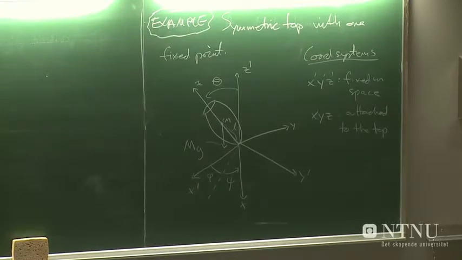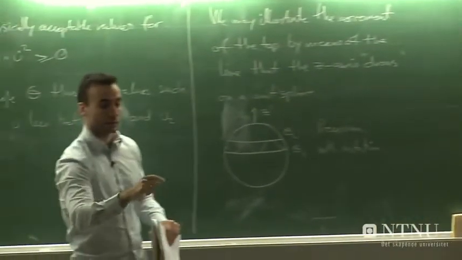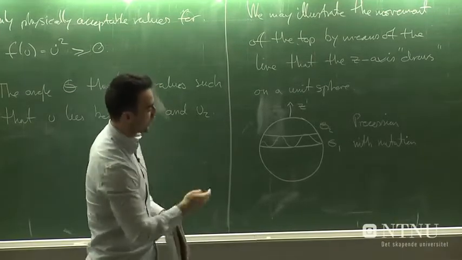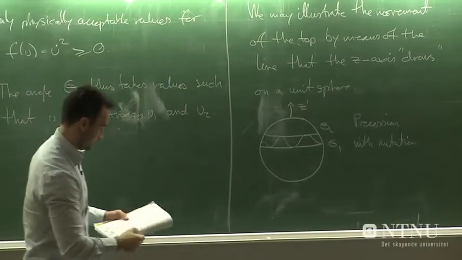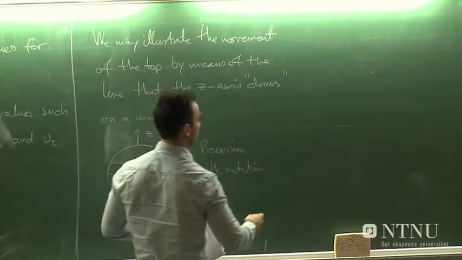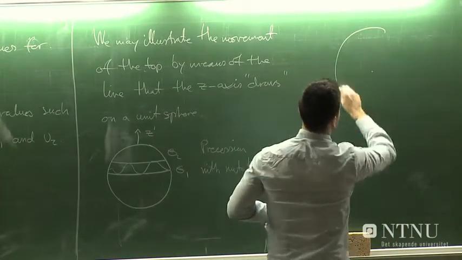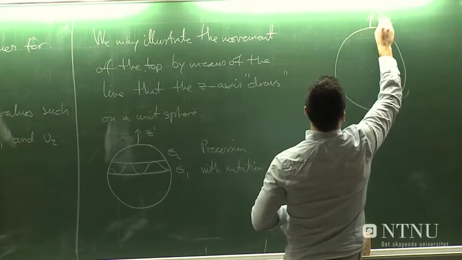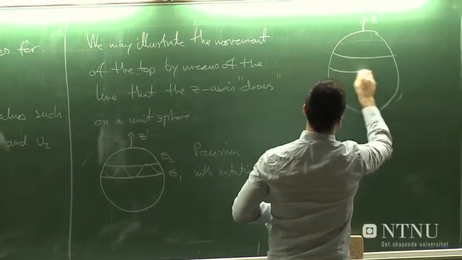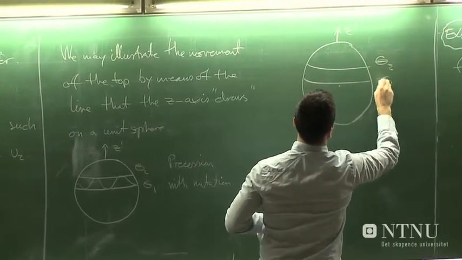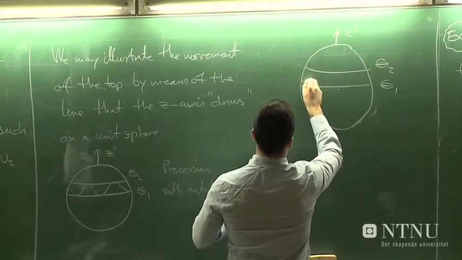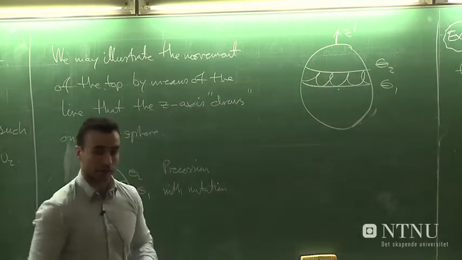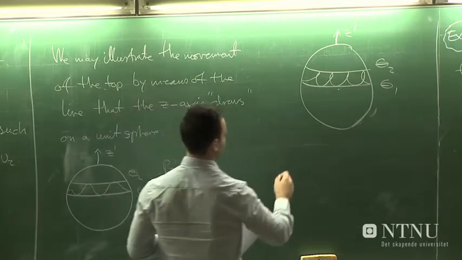If you've ever seen a top spinning on a table, you will actually see this phenomenon that it's actually bobbing while it's spinning. So this is called nutation. You can have other exotic patterns.